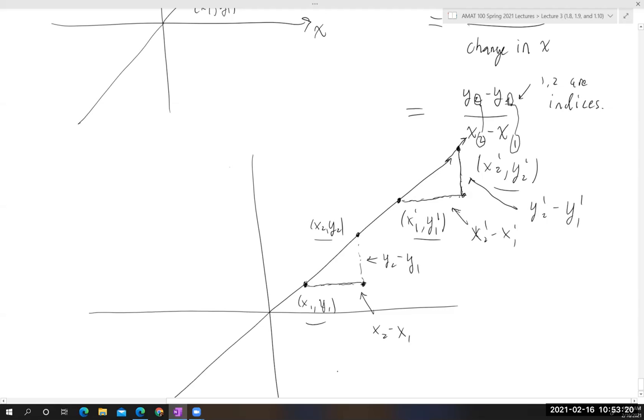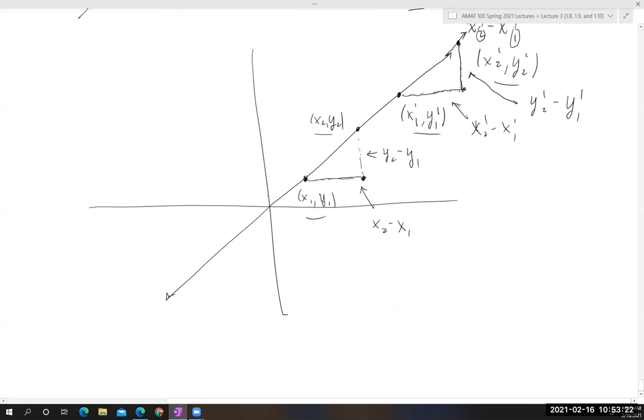And because these triangles are similar, this angle right here is the same. If they have the same angle, all the angles are the same, actually, I should say. These are not necessarily the same angles.